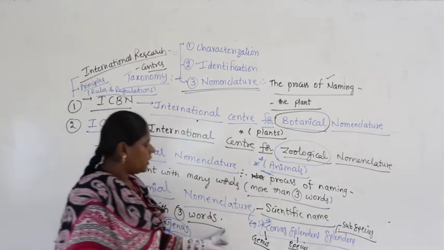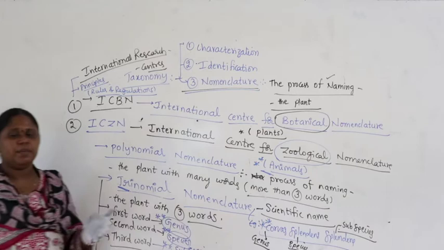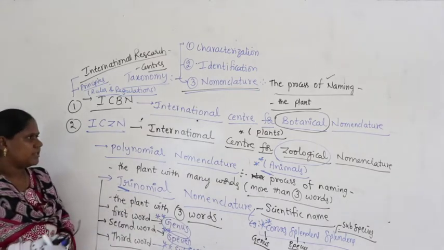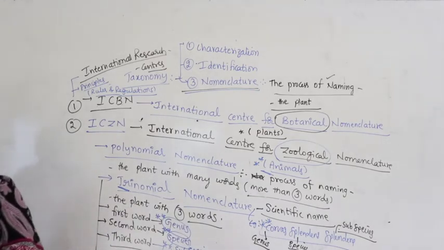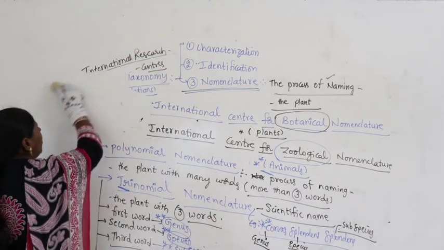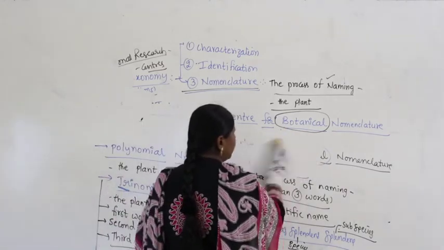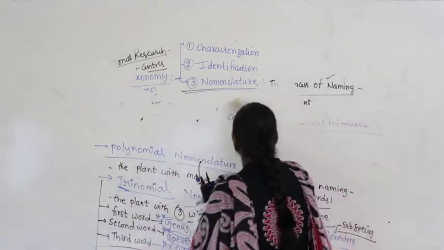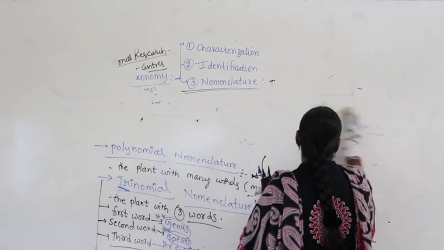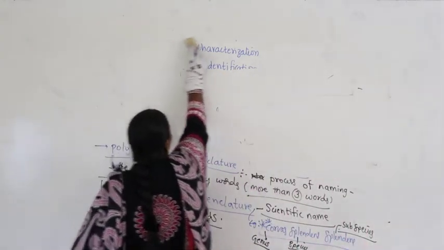For example, if you take Corvus splendens. But still it became difficult for the people to remember 3 words. Then later they introduced the most popular one called binomial nomenclature. That is very important. Till today what we follow is binomial nomenclature. Let us discuss that.